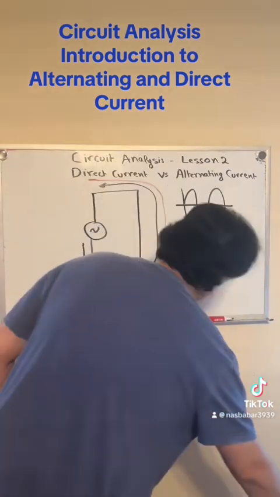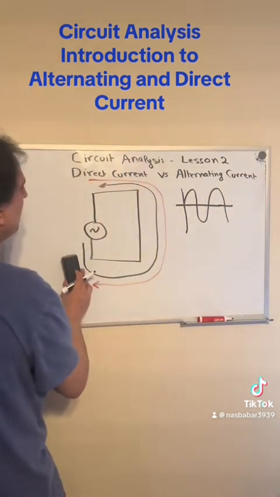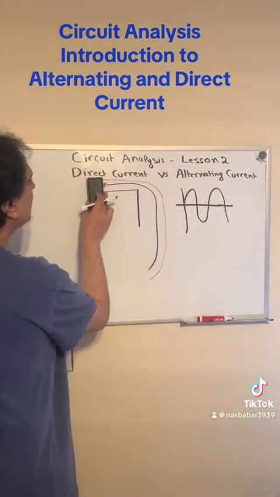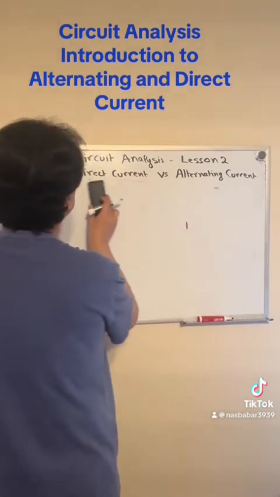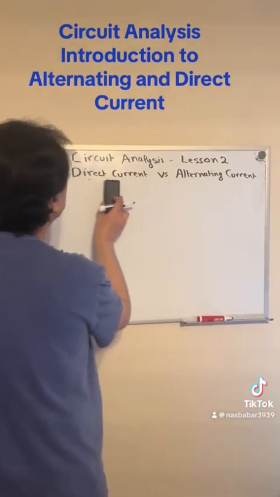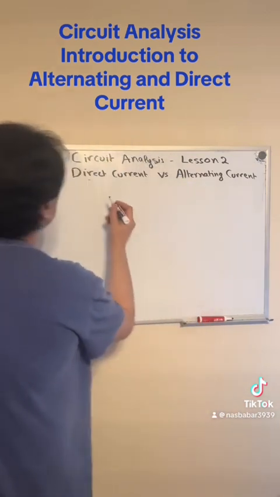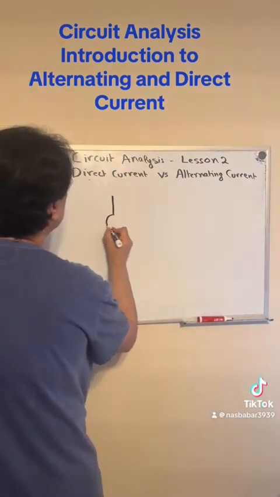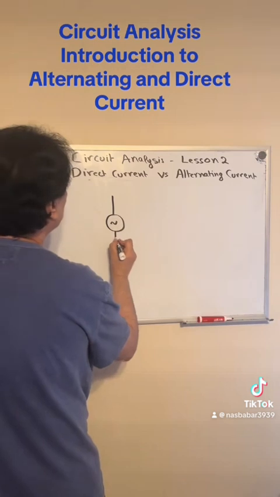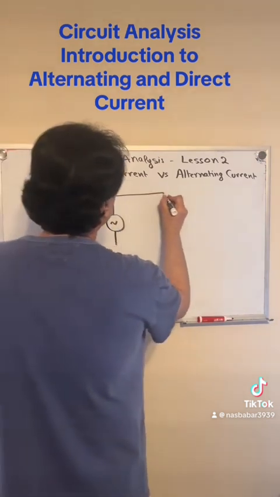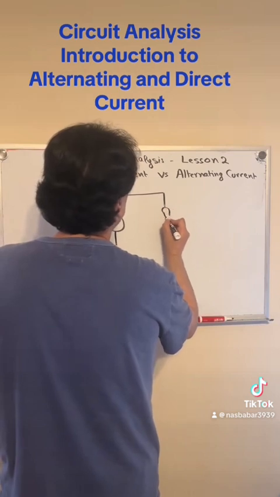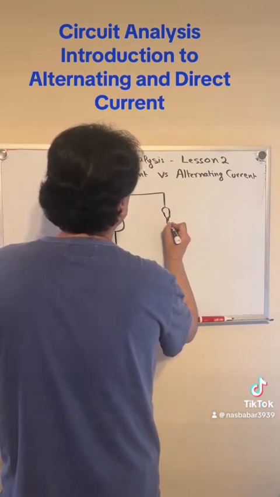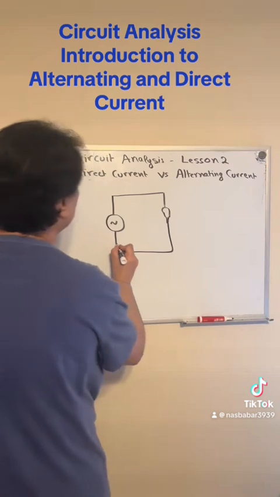One common thing in your home is a closed circuit. You know what a closed circuit is, right? Normally, when you have an alternating current, you have something like this, right? And you have a light bulb connected right here, okay?